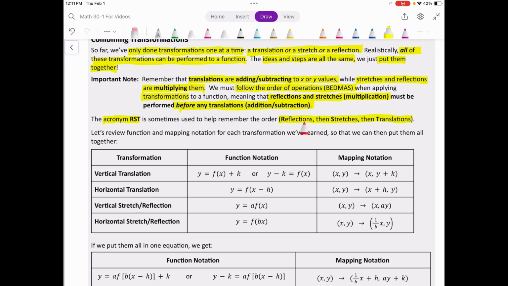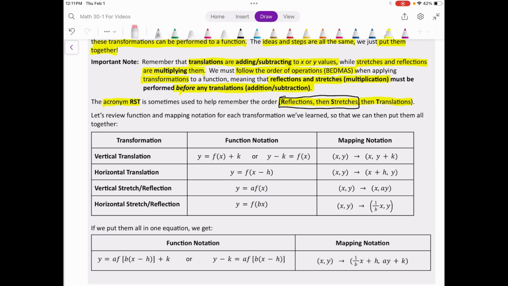You can stretch, then reflect, or you can reflect, then stretch. But these two must happen before you translate, okay? Those are both multiplication, so they need to happen before you add or subtract with a translation. So RST is a nice way to remember: reflections, stretches, translations, not translations before reflections or stretches.